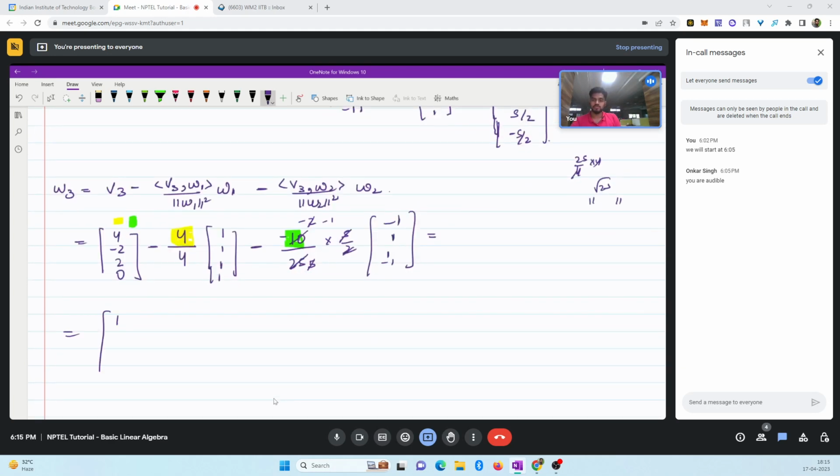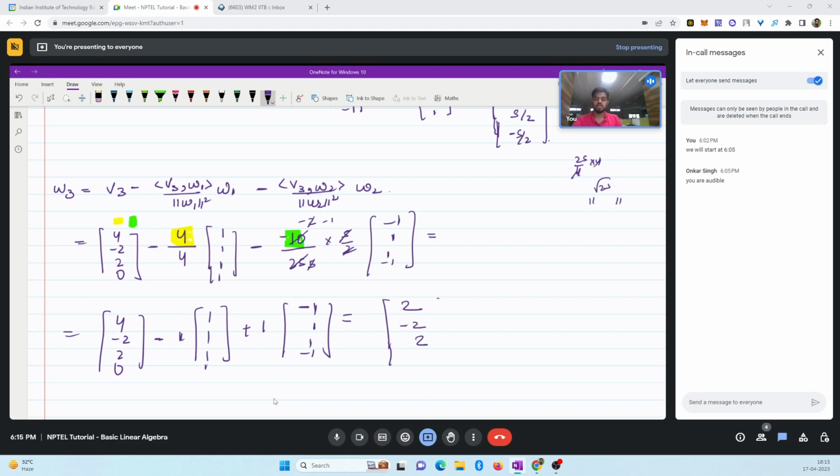What we will obtain is 4 minus 2 to 0, minus 1 times 1, 1, 1, 1, plus 1 times minus 1, 1, 1, minus 1. What do you obtain? 4 minus 1 is 3, minus 1 again is 2. So minus 2 minus 1 is minus 3 and plus 1 is minus 2, right? 2 minus 1 is 1, plus 1 is 2.